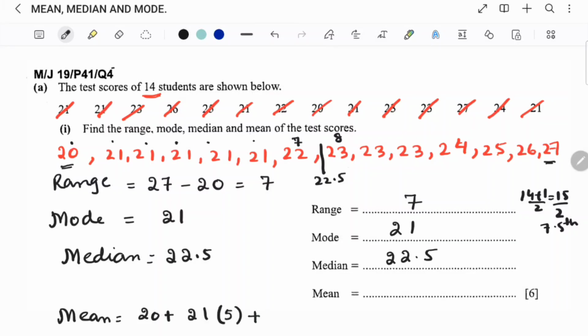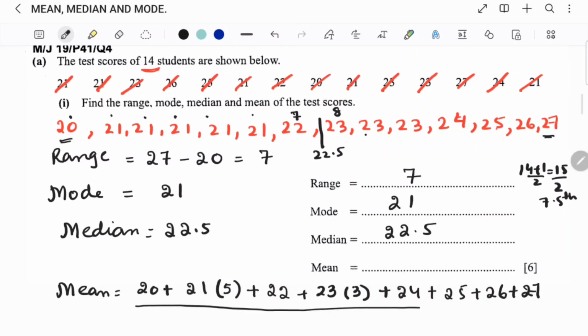And then we have 22 coming 1 time. And then we have 23 coming 1, 2, 3 times, so 23 times 3. And then we have 24, 25, 26, and 27.